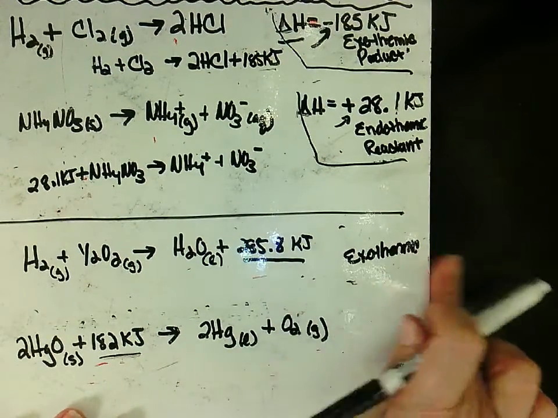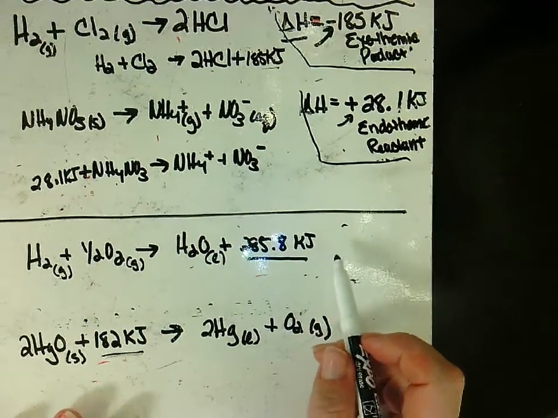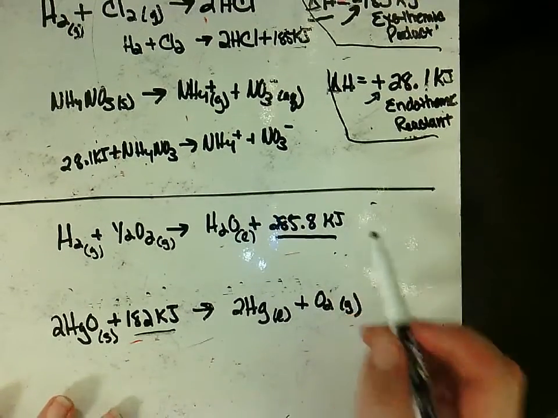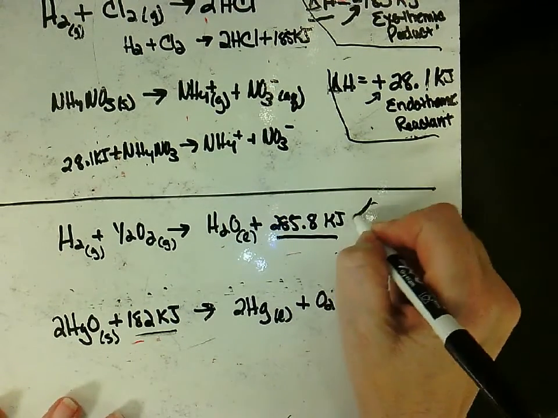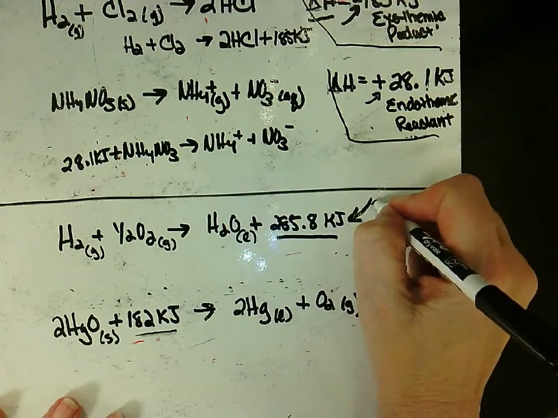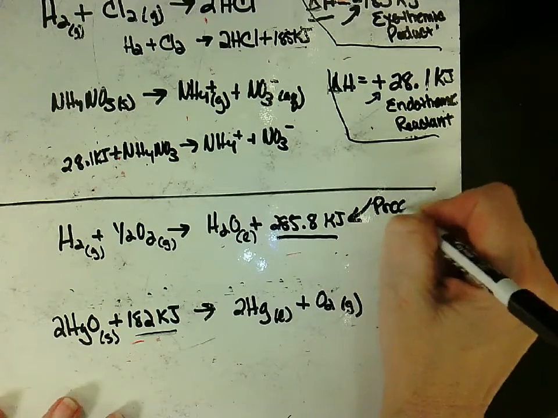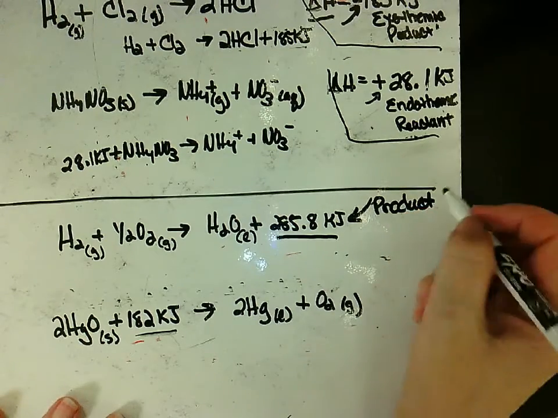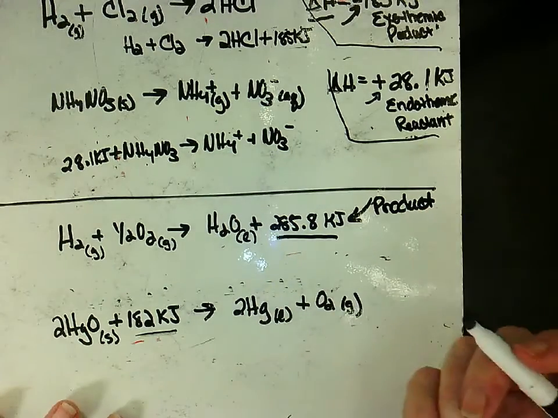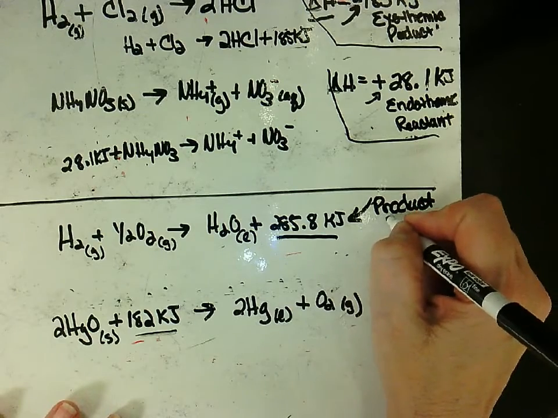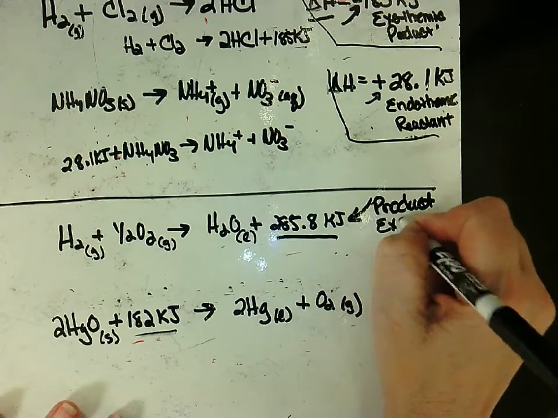So now let's look at these two equations right here. First of all, we have this heat is a product. That means it's coming off the system. It's coming out with the products at the end. And so it's exothermic.